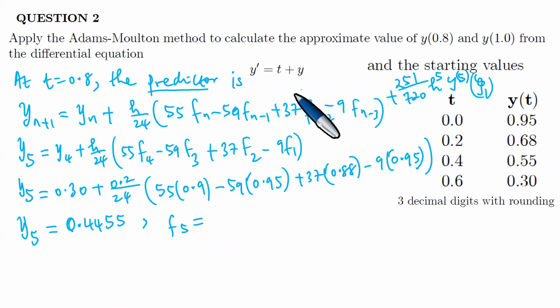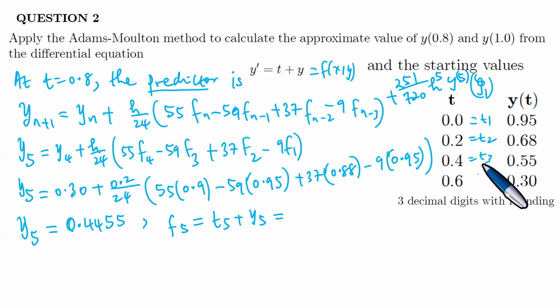So the F5, according to this, because this is f of t and y, it's going to be T5 plus Y5. What is T5? We saw that this is T1, T2, T3, T4, T5.